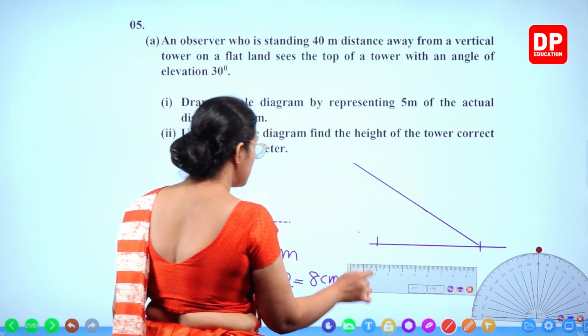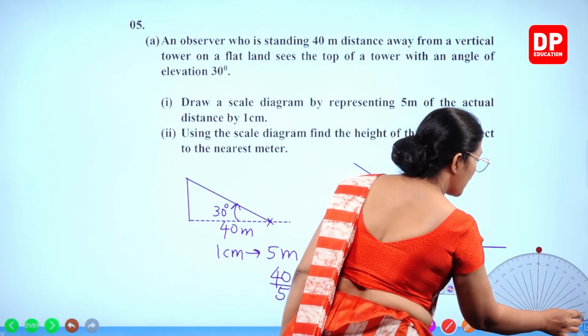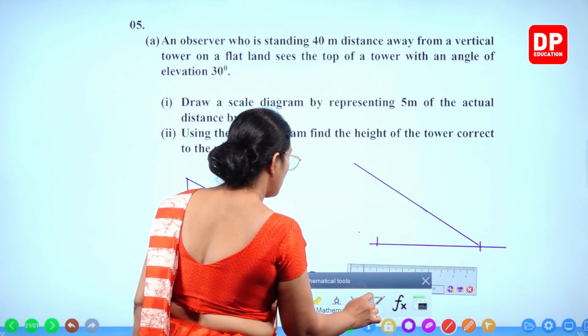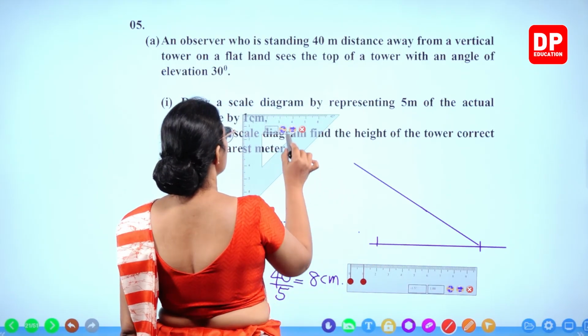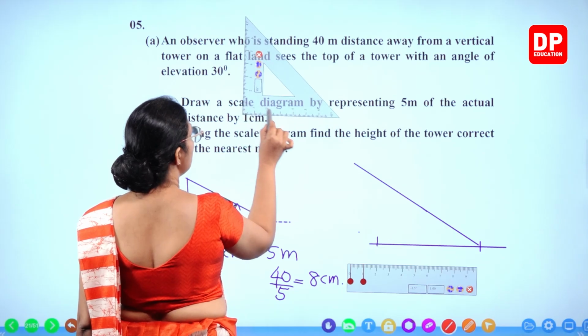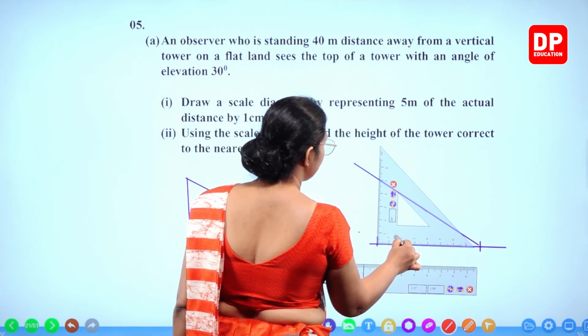And then it's a vertical post, so you can draw the vertical line. So better to take the set square. And you can draw the vertical line from that.